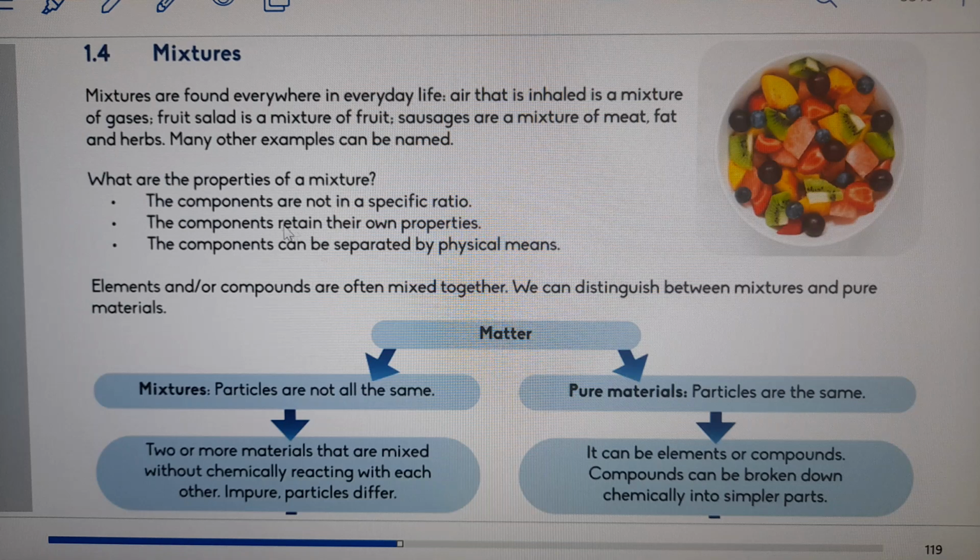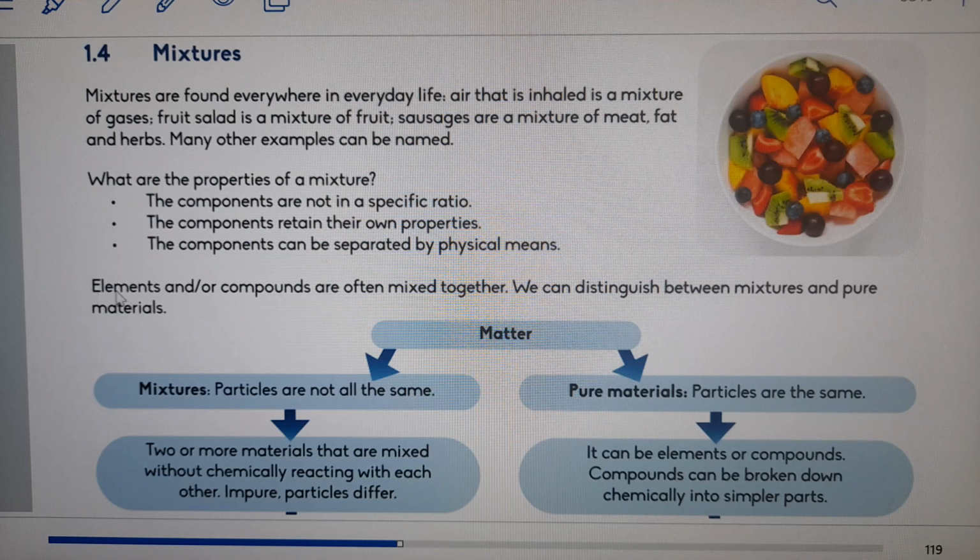So they retain their own properties, and their components can be separated by physical means. Remember, compounds can be separated by chemical means, which is heating, electrolysis, the decomposition process, and elements we cannot break down.